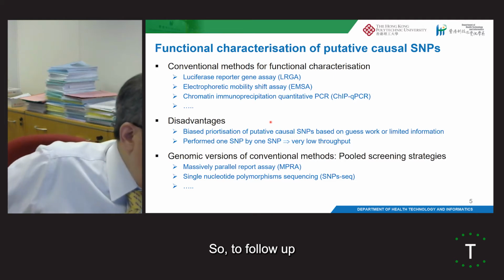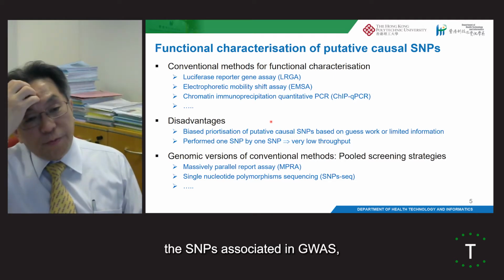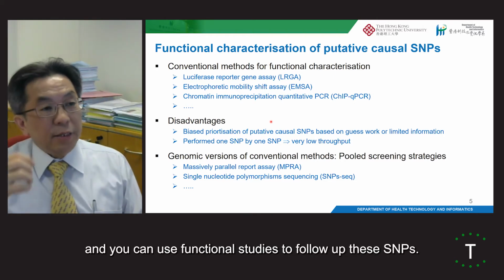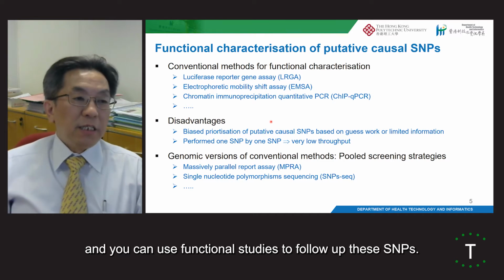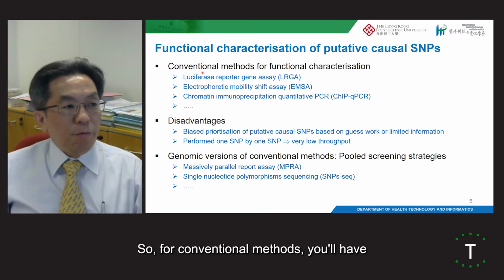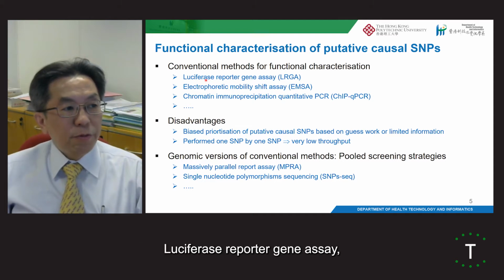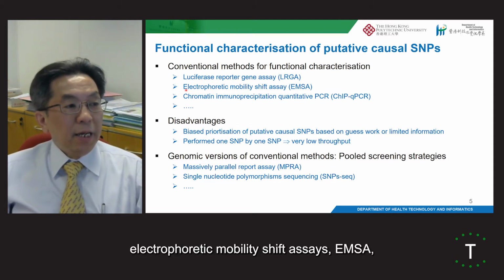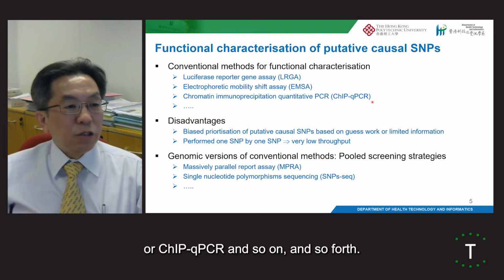To follow up the SNPs associated in GWAS, you can use functional studies. For conventional methods, you have luciferase reporter assay, electrophoretic mobility shift assay, EMSA, or ChIP-seq, and so forth.